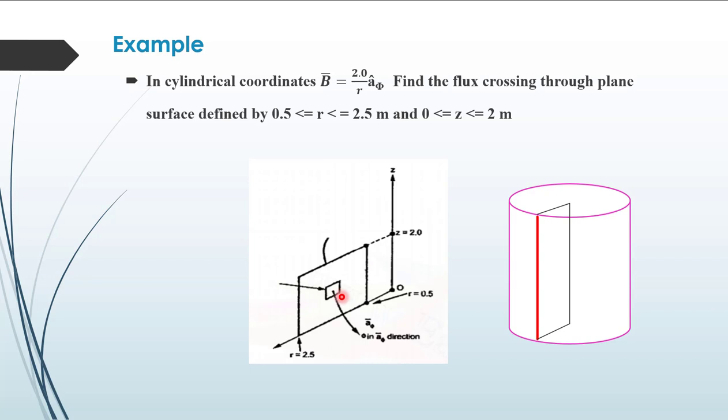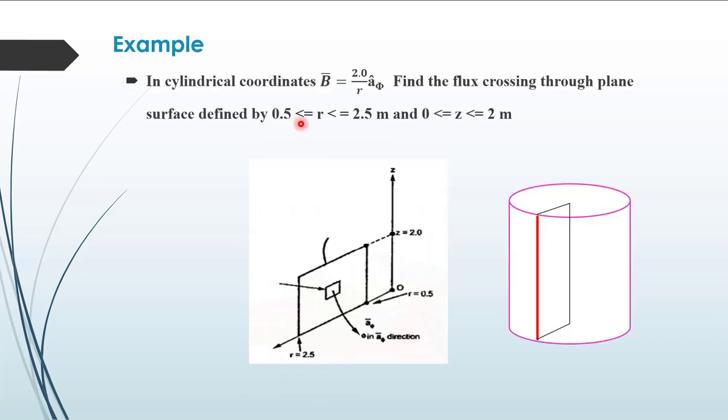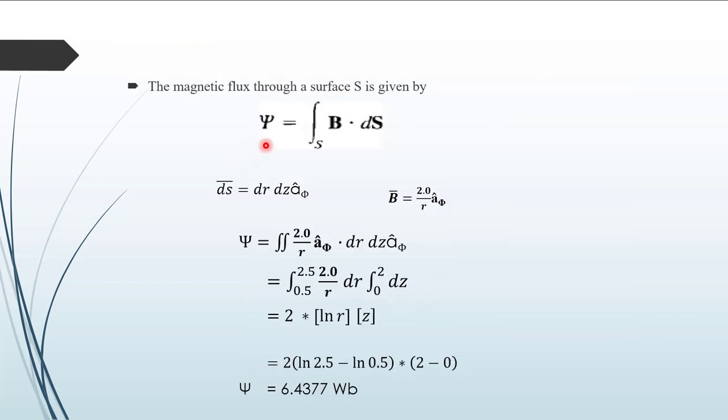Now I want to find the flux crossing through this entire square surface. So I will take a small area of this surface and call it dS. What is the equation to find the flux? Flux ψ is equal to the surface integration of B bar dot dS bar. But what is dS bar here?